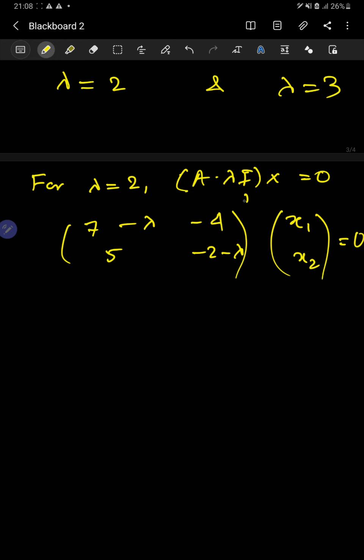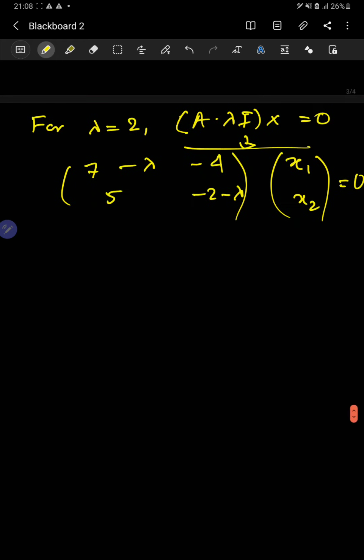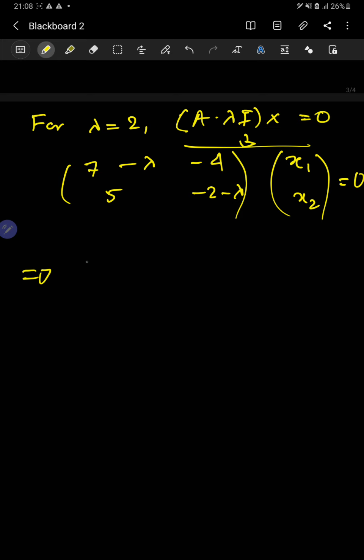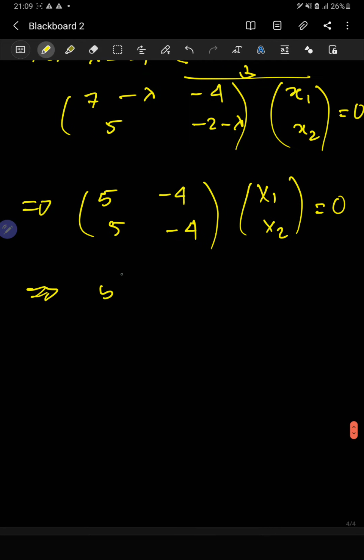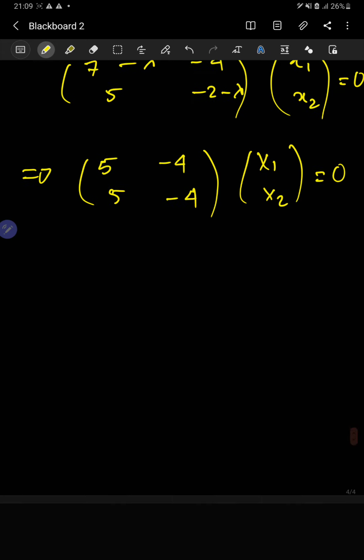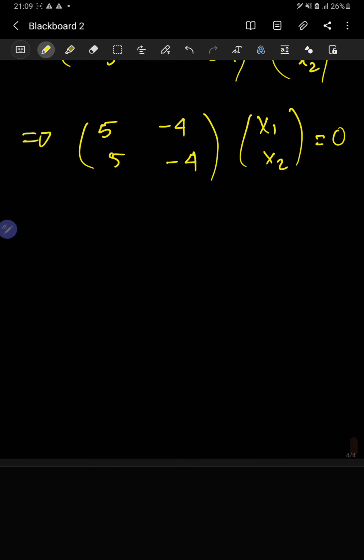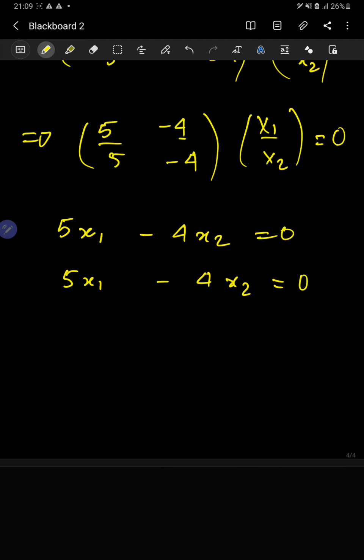If you plug in the value of lambda, which is 2, we have 5, minus 4, 5, minus 4 again, and x1, x2 equals 0. You have 2 equations, and you can write them as a system of linear equations. They're basically the same: 5x1 minus 4x2 equals 0, 5x1 minus 4x2 equals 0.